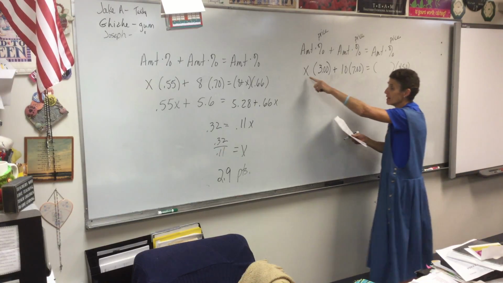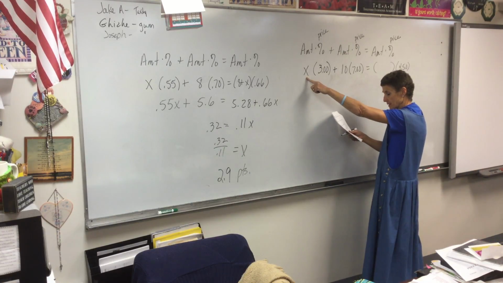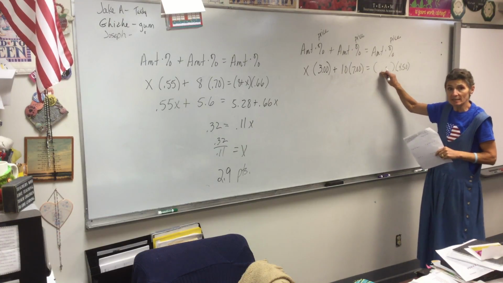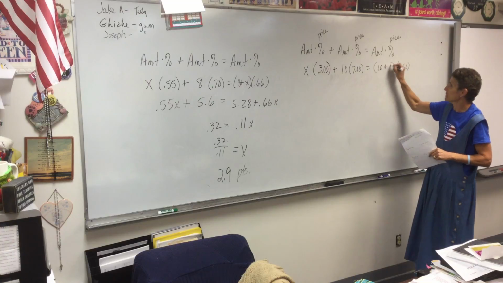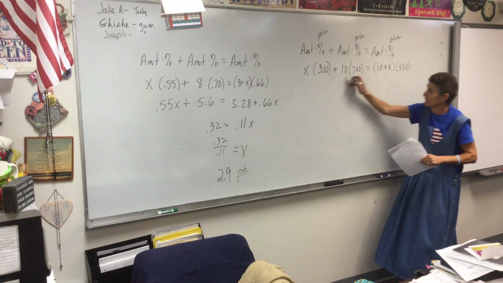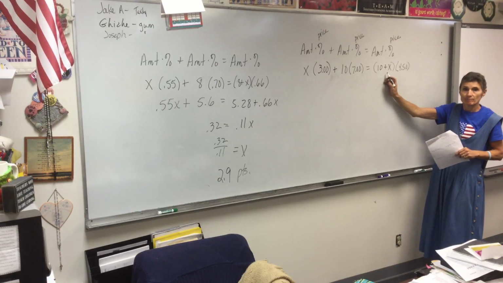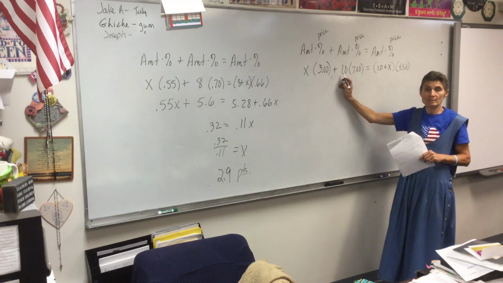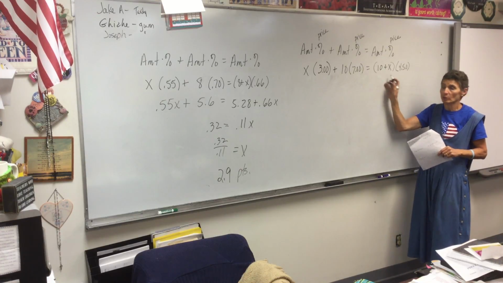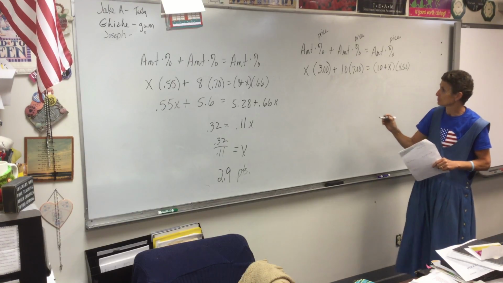Now it says how much of this mixed with 10 of these. So what's going to go on the end? If you said 10 plus x or x plus 10, you are right. You are mixing these two together to get the total. If we had to go backwards, it would be a minus. But since we're adding them up to get the total, it's 10 plus x.